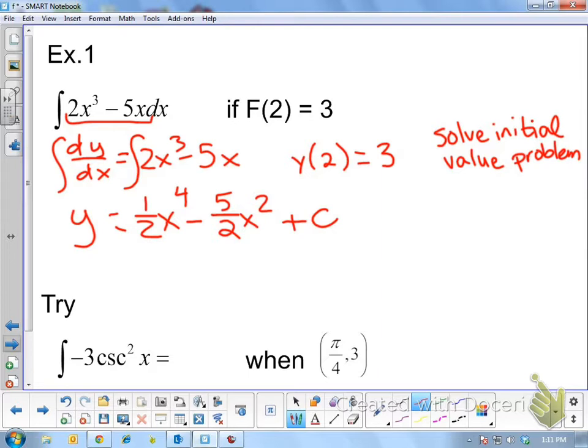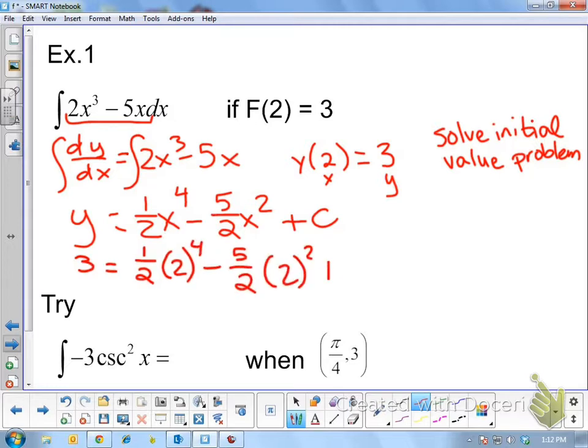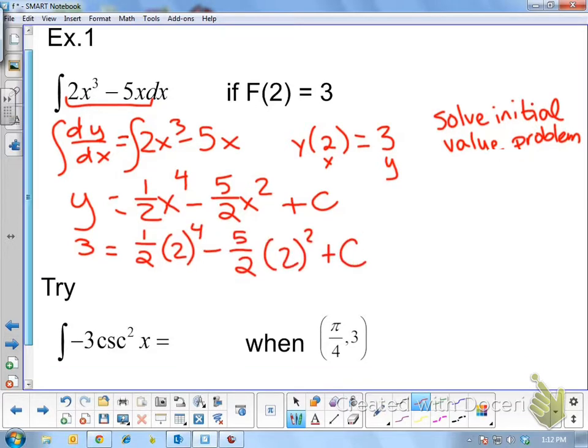I don't know why they decided to do that, but they did. So, x is 2, y is 3. We plug those values in, we would get 3 equals 1/2 times 2 to the 4th minus 5/2 times 2 squared plus c.